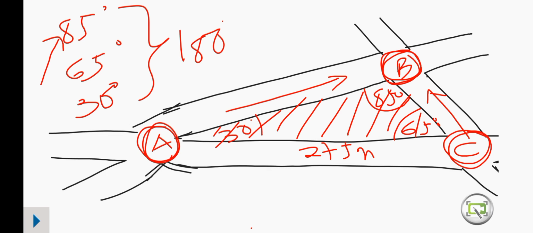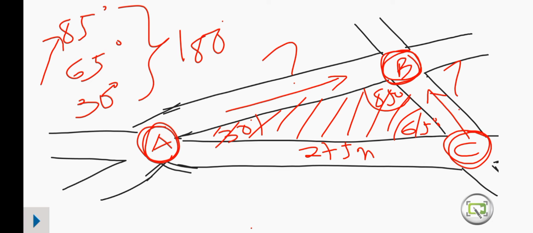Okay, so we have the diagram for the question. This can help us solve it. To find the other lengths, AB and BC, we will use the sine rule formula. You can also use the cosine rule formula, but the sine rule will be very fast.